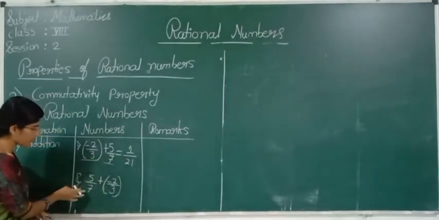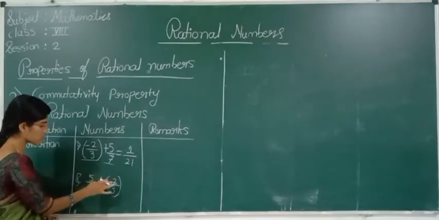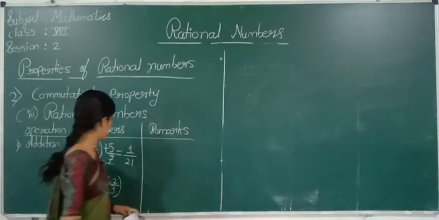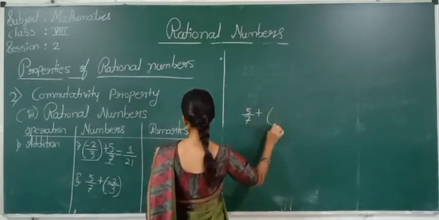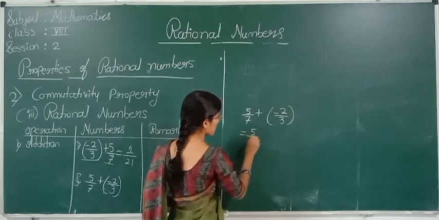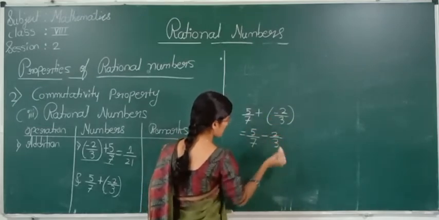Now we will check whether 5 divided by 7 plus minus 2 divided by 3 is equal to 1 divided by 21. See here, 5 divided by 7 plus minus 2 by 3.